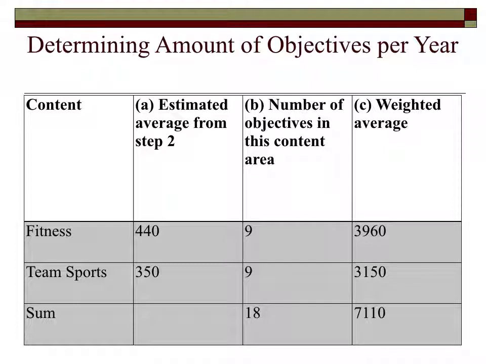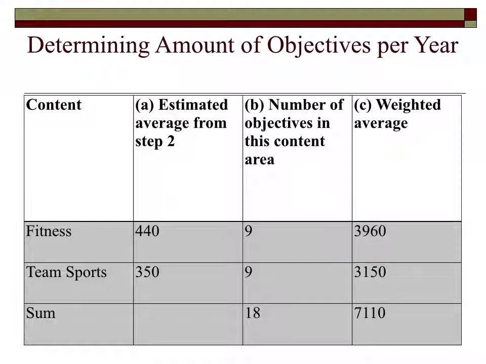Since I have limited the number of objectives for our assignment to 9, for each program goal you'll have 3 content areas, and for each content area, you have 3 learning objectives. So that gives you the 9 learning objectives. That's why I have 9 there.